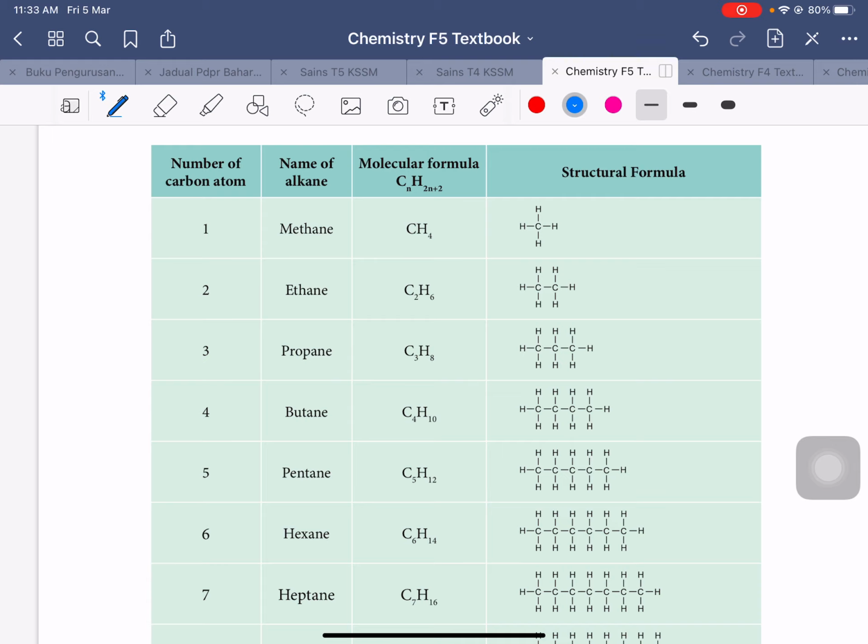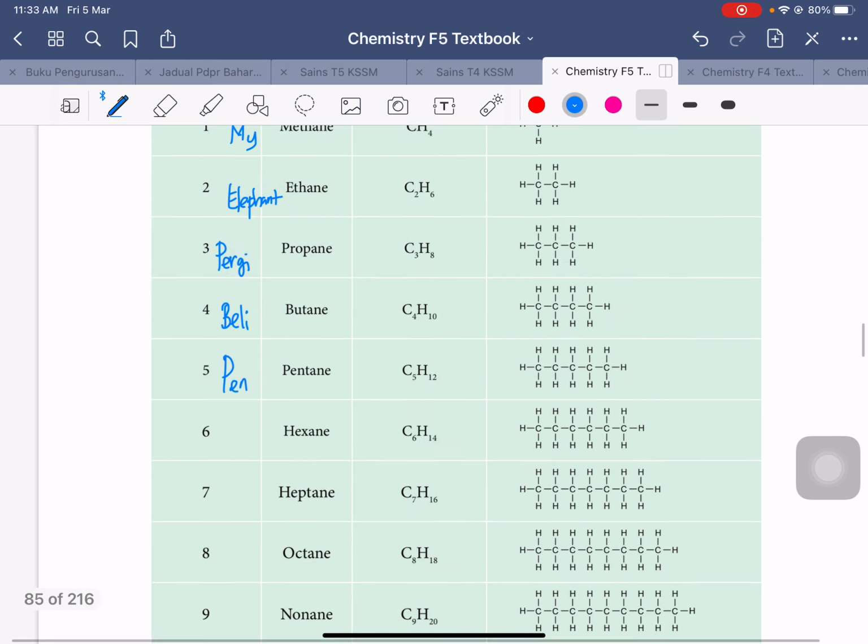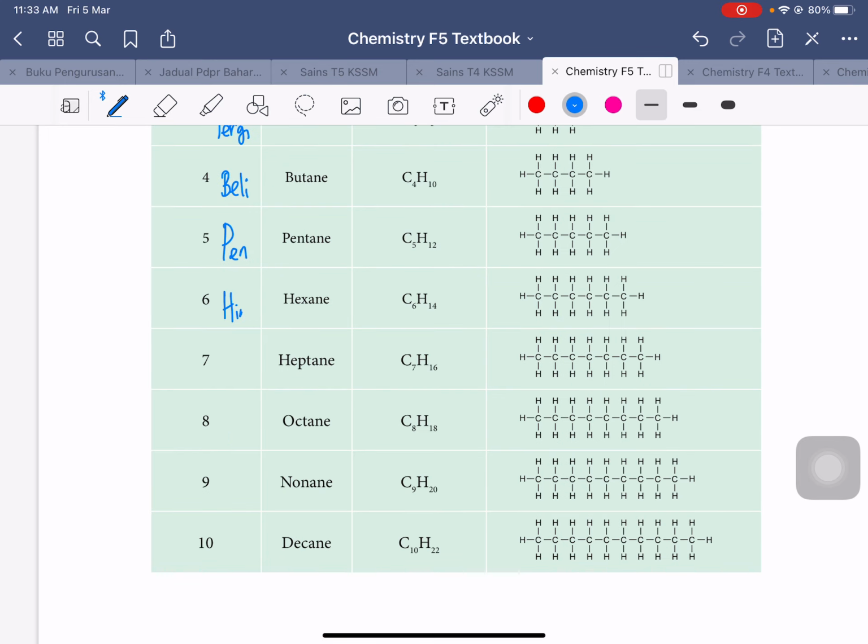You remember this one? My elephant pergi beli pen hingga hilang orang nampak dia.